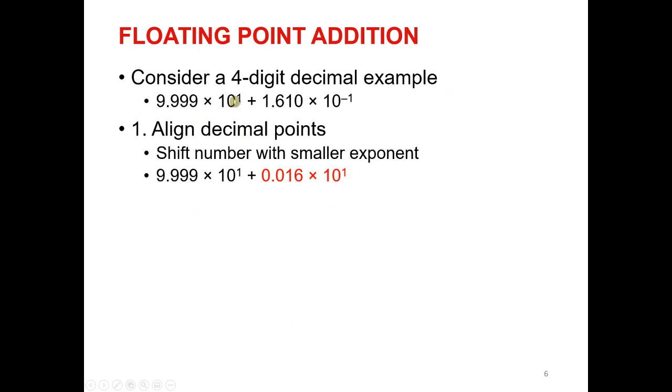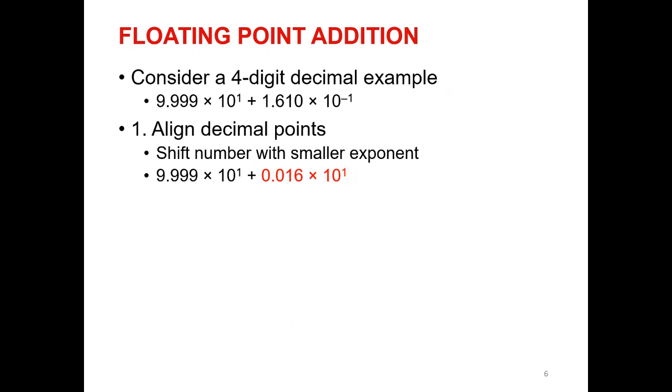That we need to make sure that the exponents here and here are the same. So this method says that we shift the number with a smaller exponent. In this case, the smaller exponent is minus 1. So what we do is we shift this number to the right and increase accordingly the exponent.